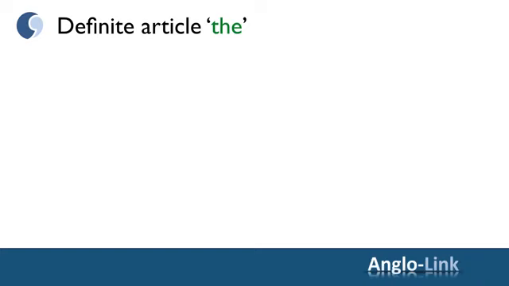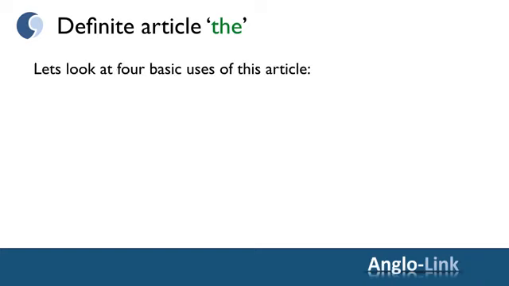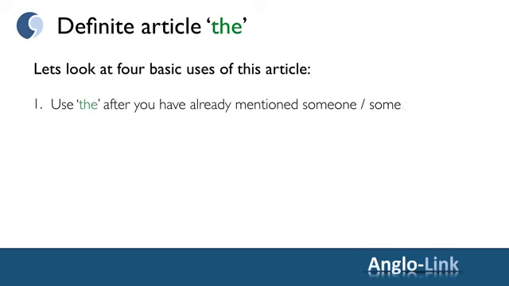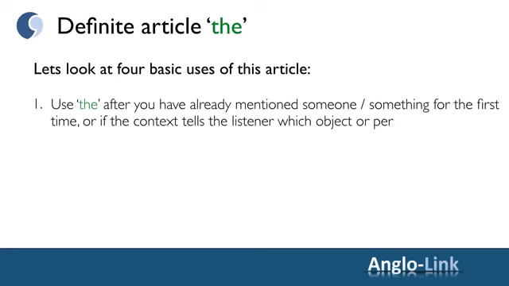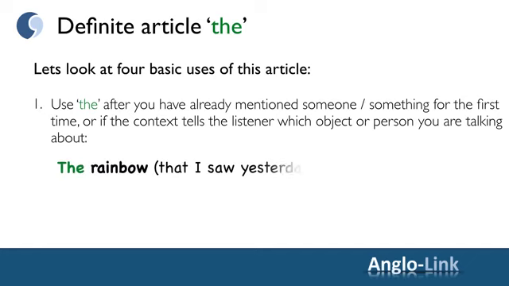Now let's look at the definite article the. Let's look at 4 basic uses. First of all, use the after you have already mentioned someone or something for the first time, or if the context tells the listener which object or person you're talking about. For example, the rainbow was beautiful.